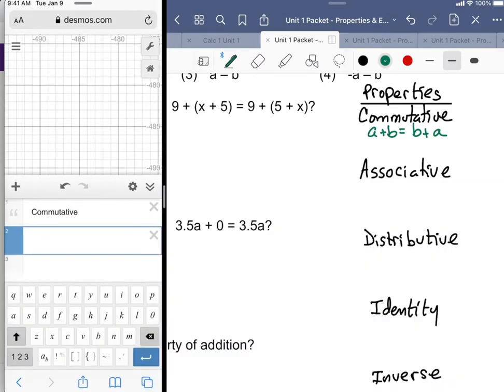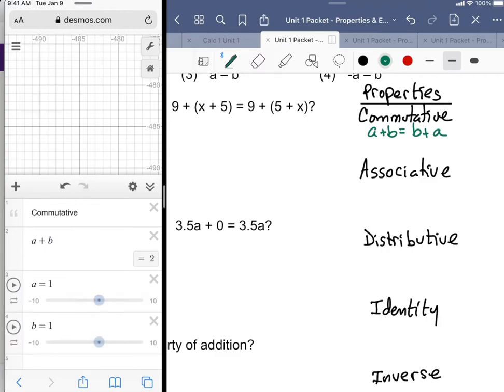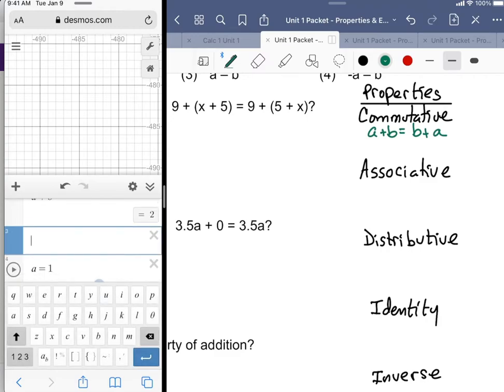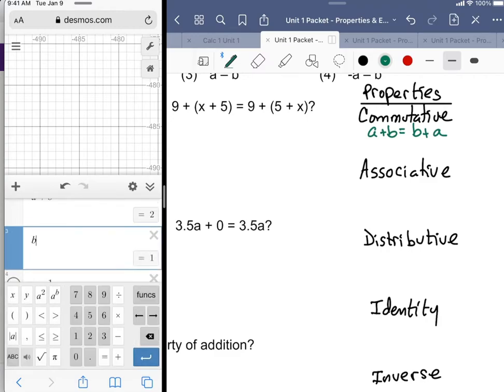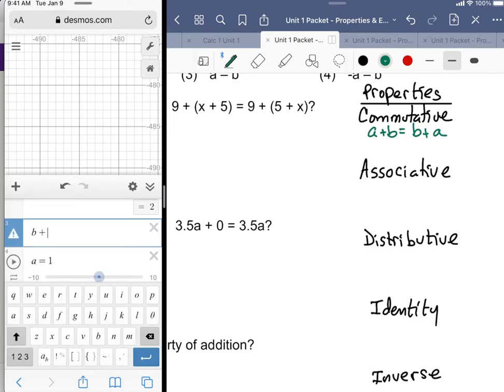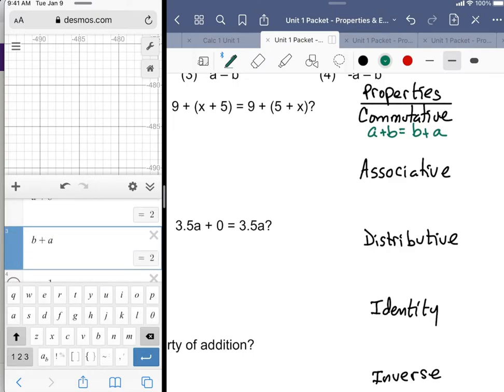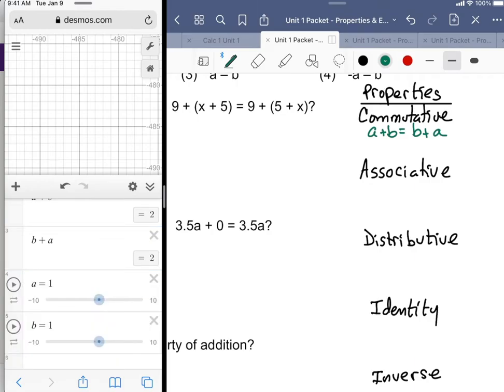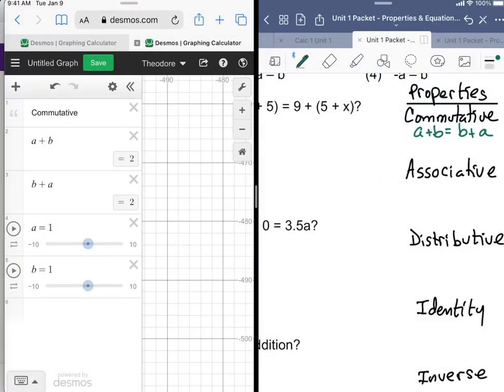And we just came up with a relationship where A plus B is equal to B plus A.